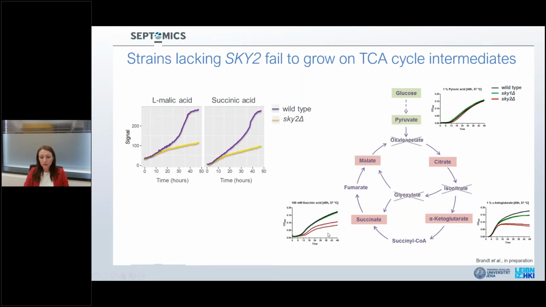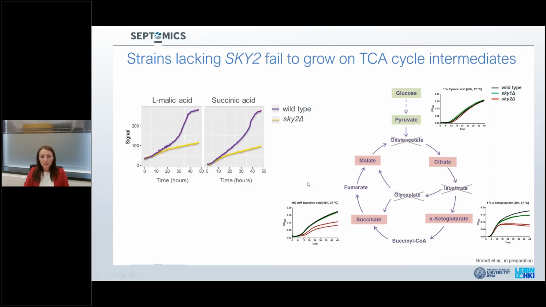On succinate, we see the same effect. The same was seen also on malate and citrate. The TCA cycle intermediates that are crossed out are the ones that do not support growth in Candida albicans, likely due to lack of transport into the cell.